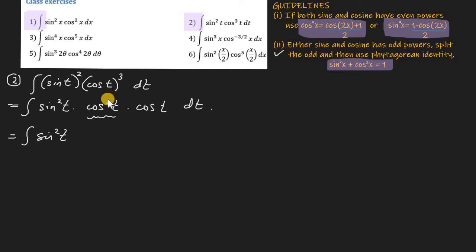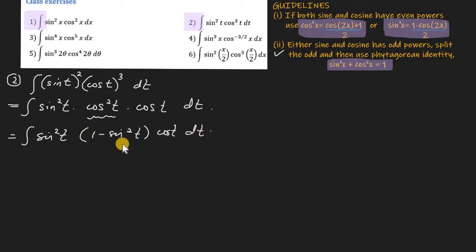So you are to split the odd power like this one, and then use straight away the Pythagorean identity for the portion that you split just now. Cosine square is 1 minus sine square, cosine t dt.